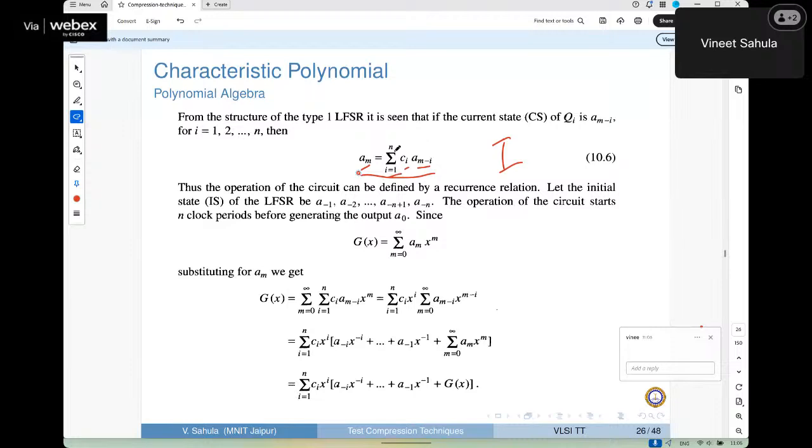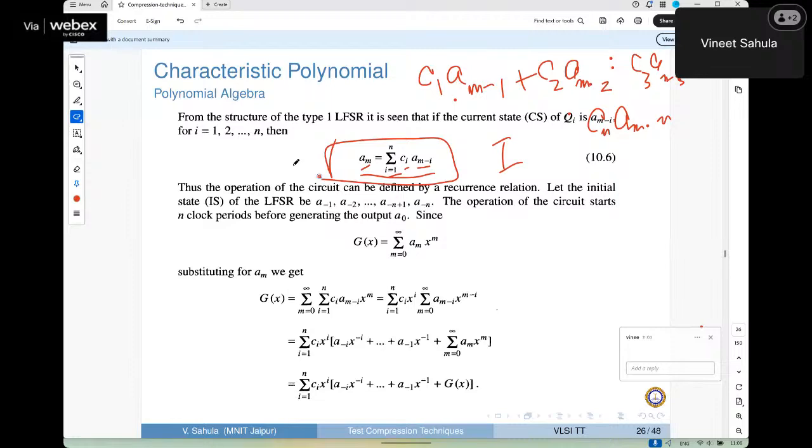If I write from 1, this will be C1 AM minus 1, C2 AM minus 2, C3 AM minus 3, and lastly Cn AM minus n. All added. The multiplication and addition all are modulo 2. This is the conversion of the connection of the LFSR into a polynomial. I go back.